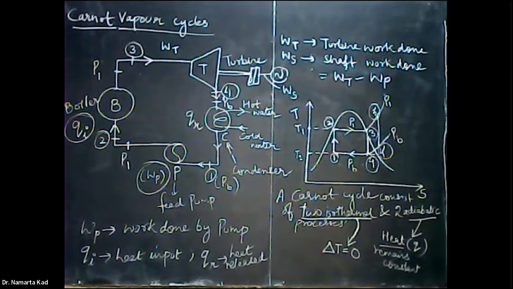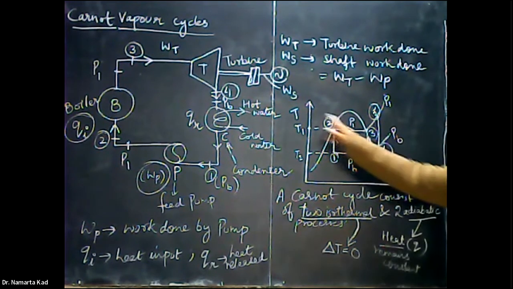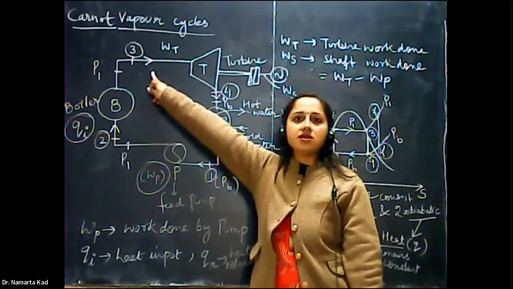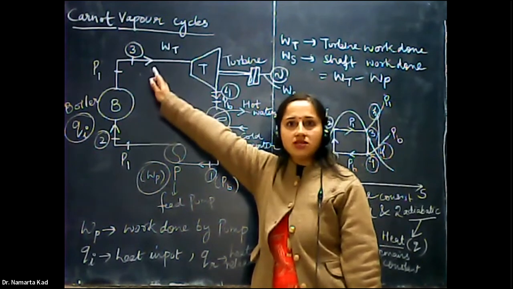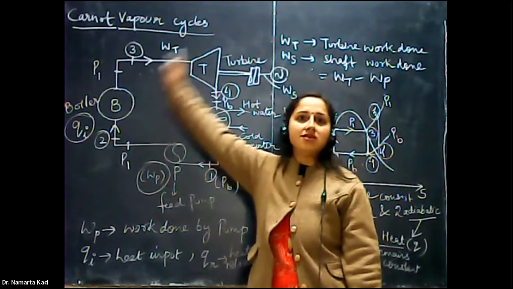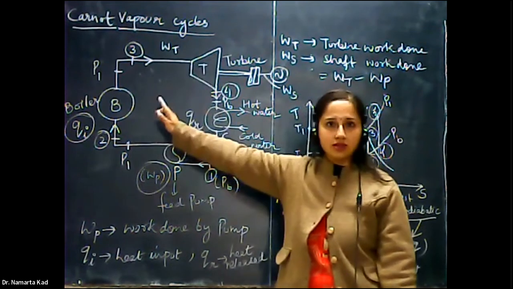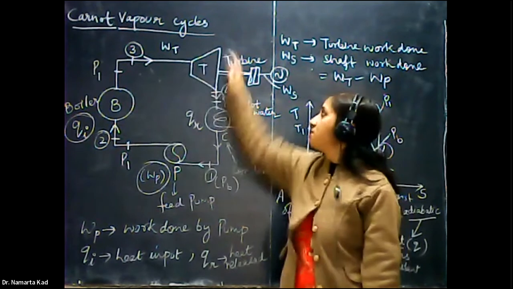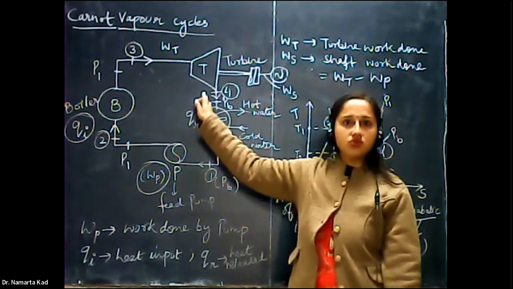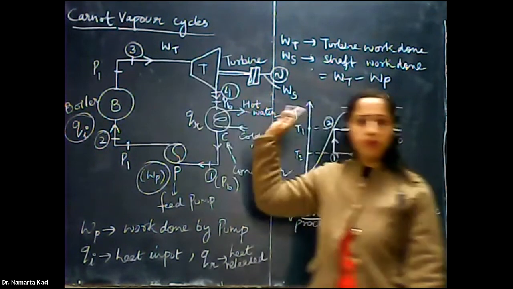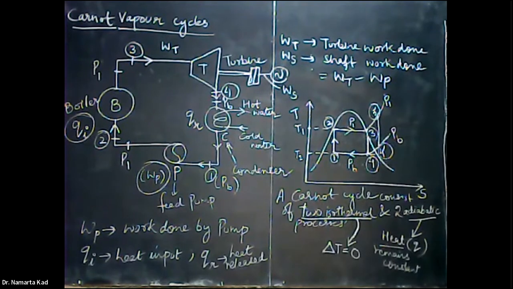So in the stage 3, 4, the dry saturated steam at P1. What is the condition of the steam in this position? That is the dry saturated steam. This dry saturated steam through the nozzle enters into the turbine and expands there. When the expansion process takes place in the turbine, the pressure reduces from P1 to PB. Dry saturated steam at P1 enters the steam turbine where it expands isentropically.